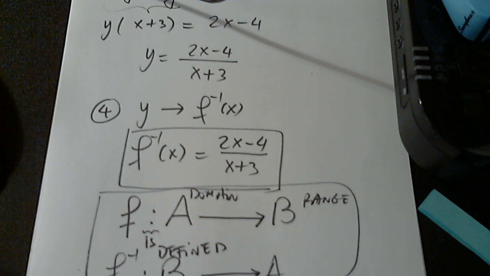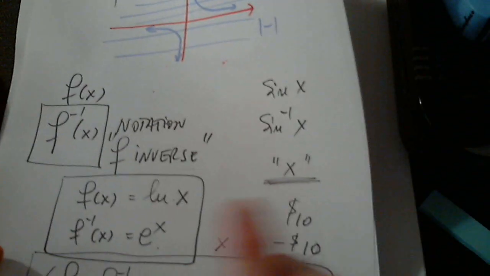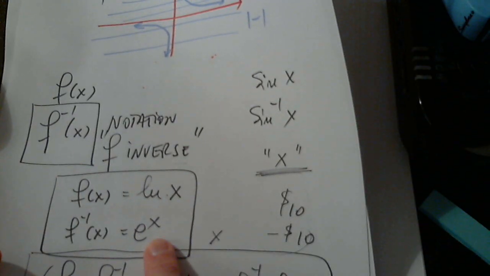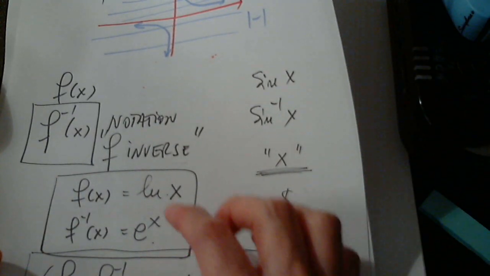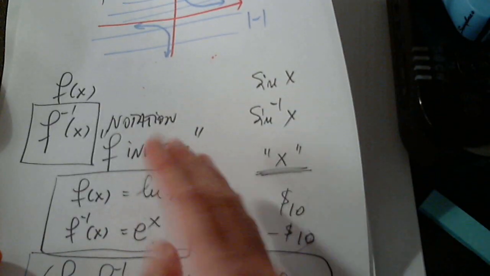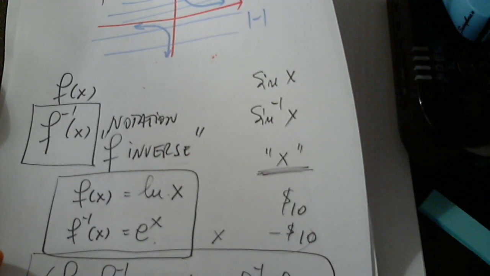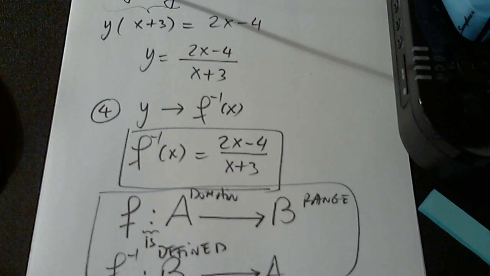And the same thing with our previous example: domain here is all real numbers, range 0 to infinity. Domain here is 0 to infinity, range all real numbers. That has to happen.